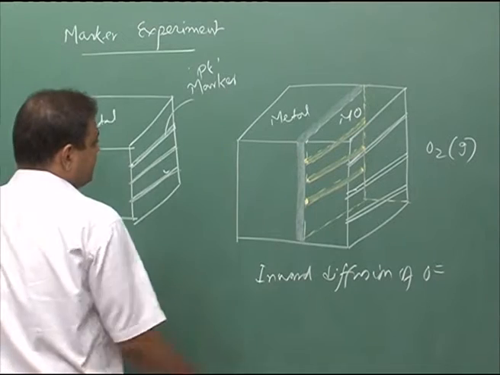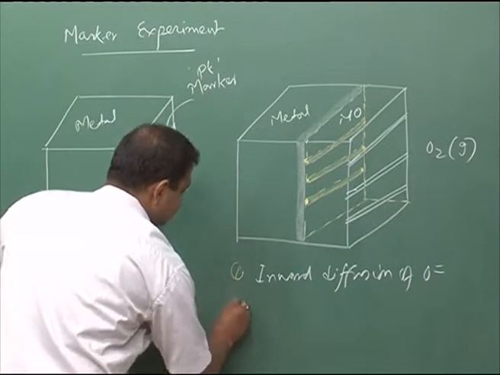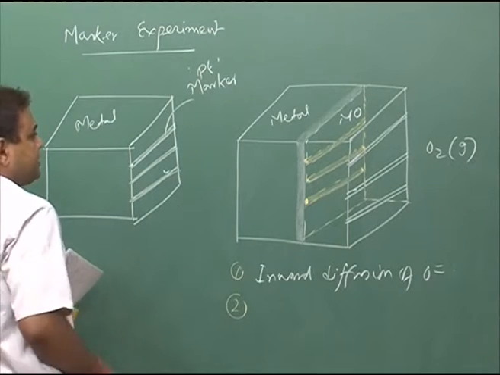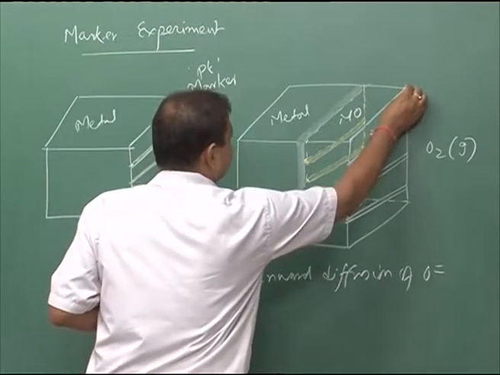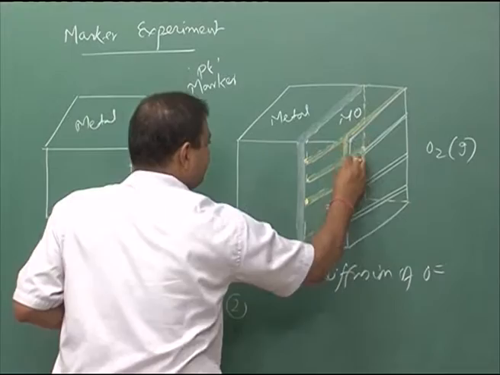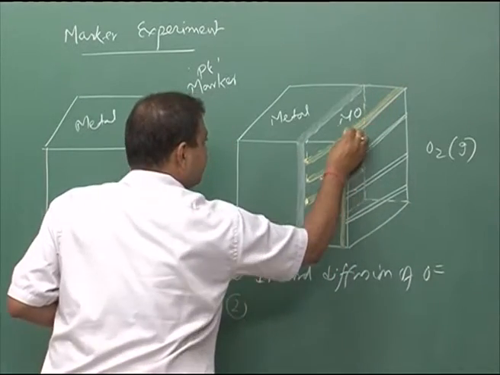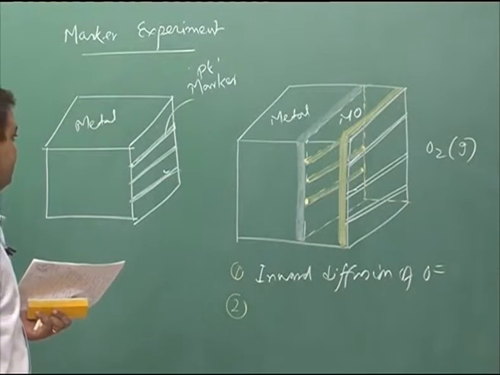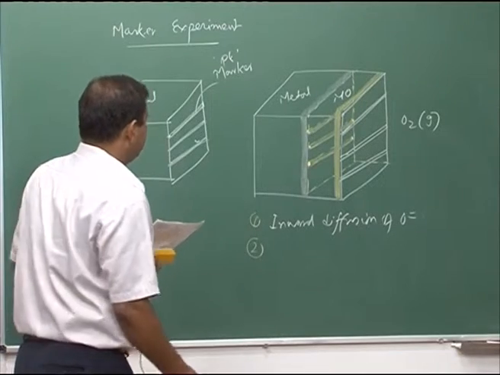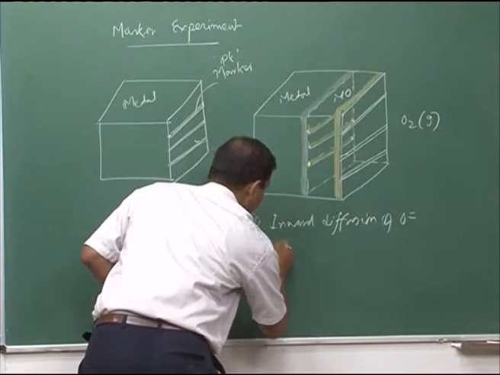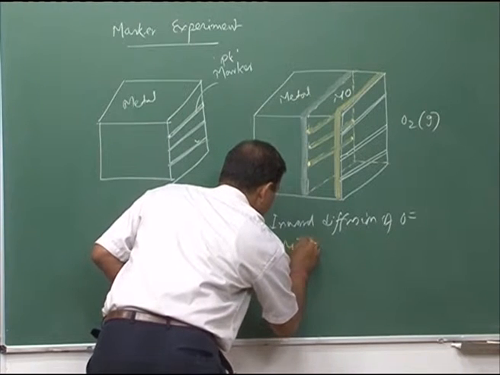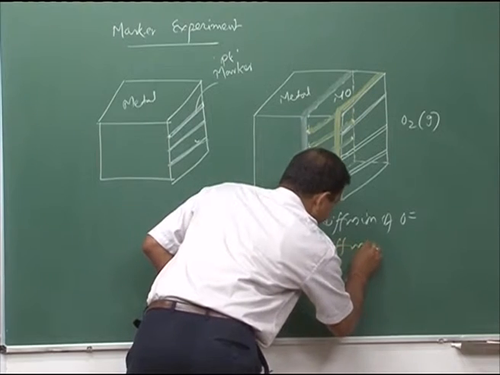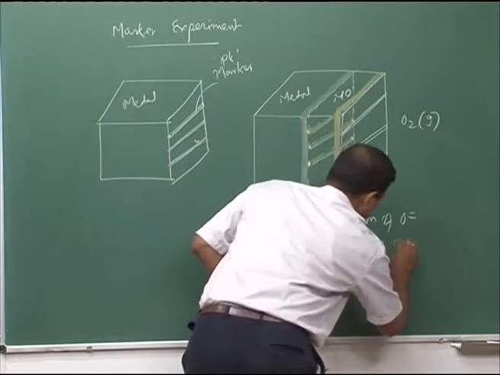In this second case, the oxidation growth is taking place on this end. This is generally happening because of metal cations diffusing outward.